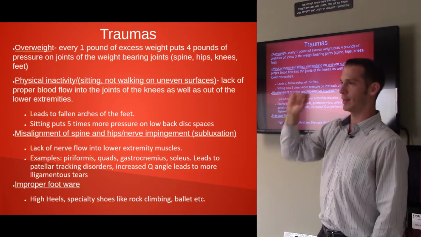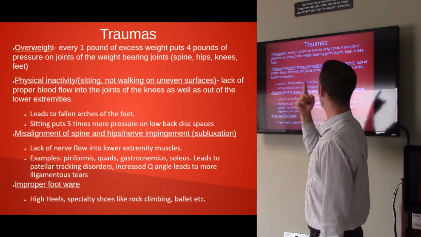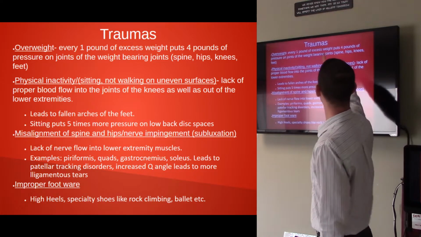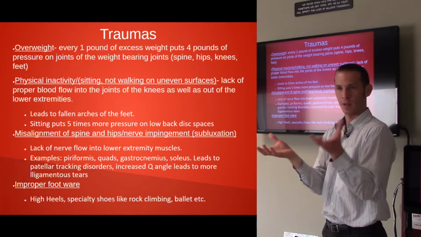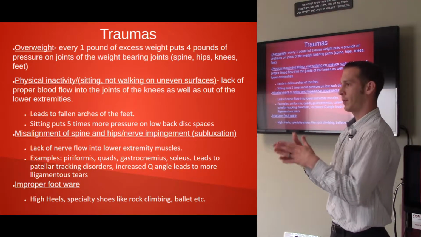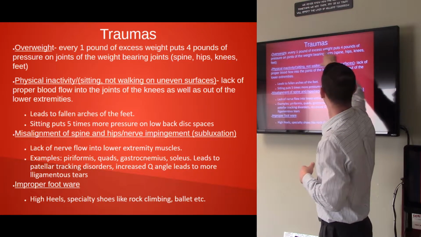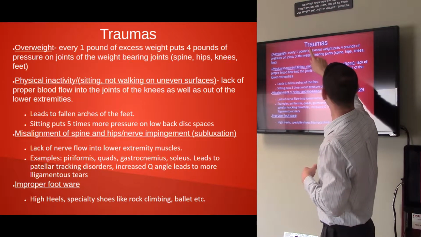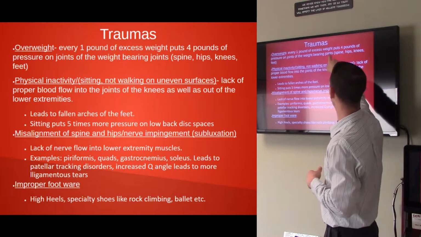Here's a statistic, from the Mayo Clinic, I think. For every pound of excess weight over your normal BMI, 1 pound of excess weight puts 4 pounds of pressure on the weight-bearing joints.